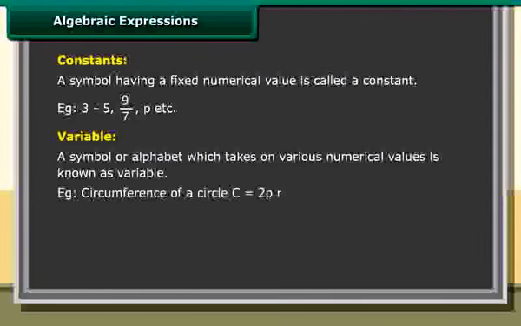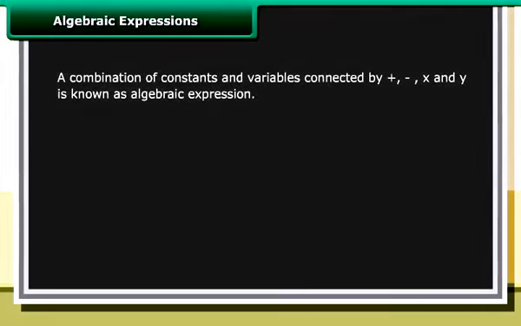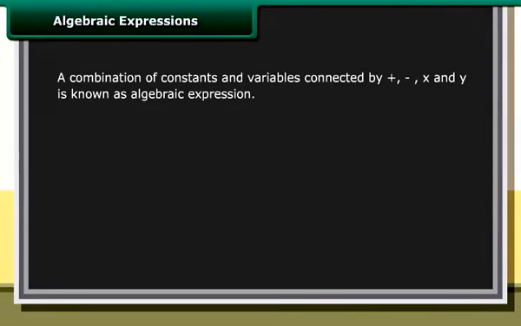Example, circumference of a circle C is equal to 2πr, where r is the radius of the circle, 2π is a constant, and C and r are variables. Algebraic expressions. A combination of constants and variables connected by plus, minus, multiplication, and division is known as an algebraic expression.